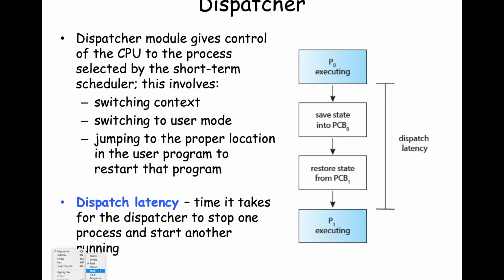And here we start out with some process P0 that's executing. And let's say, for the sake of consideration, the short-term scheduler selected process P1 to execute next. So what happens then? Process P0 is no longer executing. Its state is saved into the process control block, that task structure that saves all the data structure information associated with process P0.